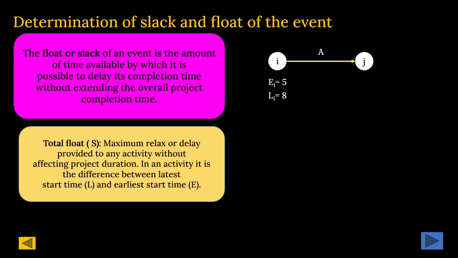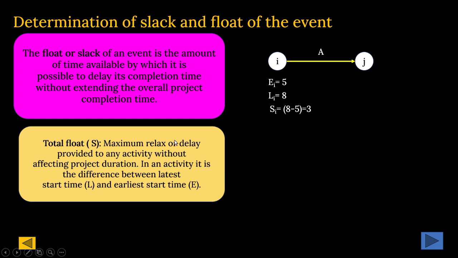On the 8th day you can start. And then according to this, what is the difference? The slack is the latest start time minus the earliest start time. So 8 minus 5 is equal to 3. That is your slack time.